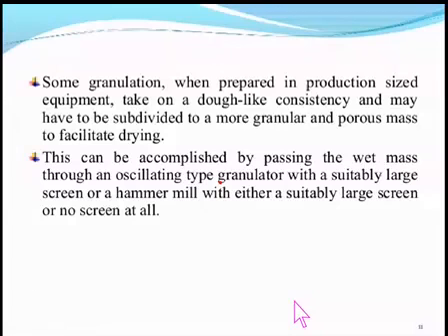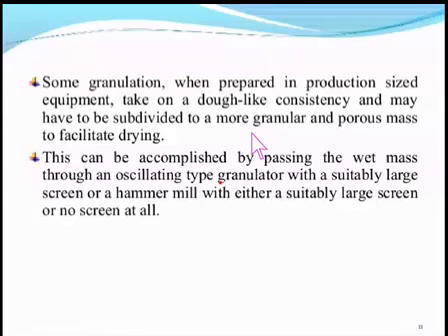Some granulations, when prepared in production sized equipment, take on a dough-like consistency and may have to be subdivided to a more granular and porous mass to facilitate drying. If we use the binding liquid in excess quantity, sometimes a dough-like mass is produced which is very heavy and in a large quantity.